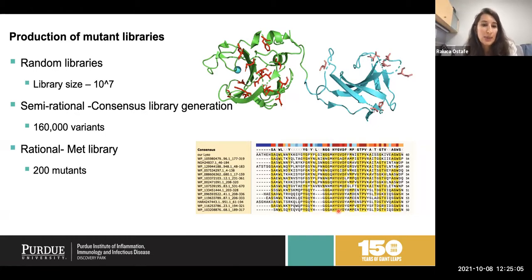And in later steps, we went with a rational design where we looked at specific amino acids on the protein structure to mutate them and to increase the oxidative stability. So of course, in each type of library, we decrease the number of mutants that we need to screen, and we get higher quality mutants and better properties that we are interested in.